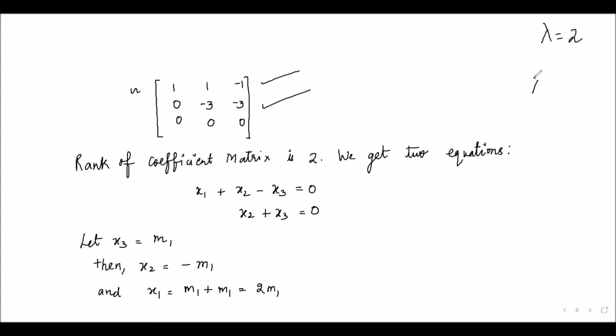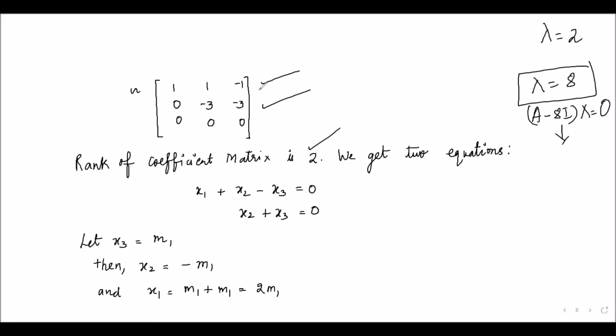But for lambda equal to 8, the system of linear equations has changed, and the echelon form of the coefficient matrix corresponding to this system has rank 2. We will be getting two equations. What are those two equations?